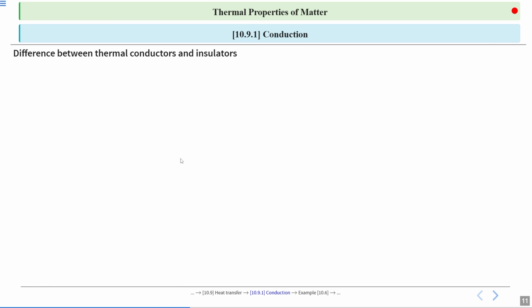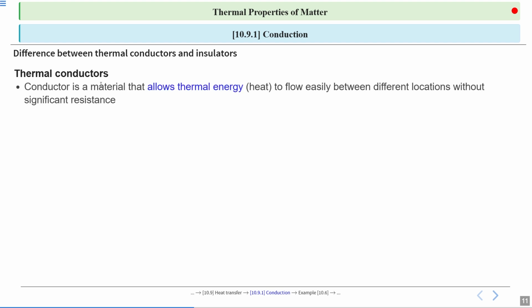Difference between thermal conductors and insulators. First, thermal conductors. A conductor is a material that allows thermal energy to flow easily between different locations without significant resistance. So for any conductor that allows flow of energy between two locations, the resistance should be very low.